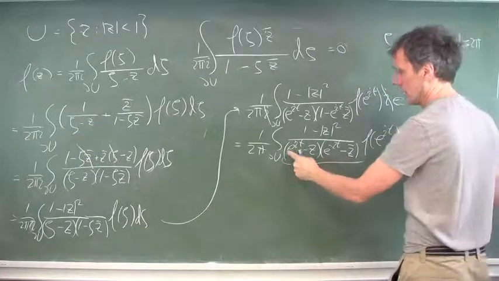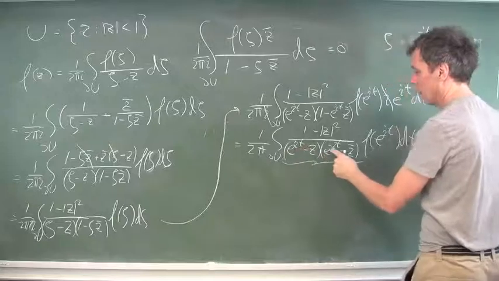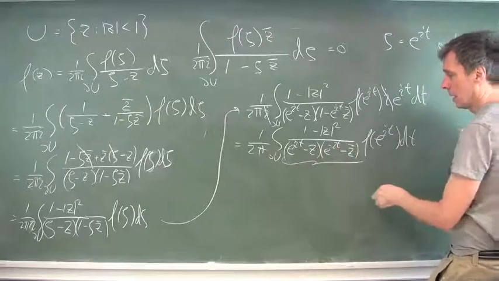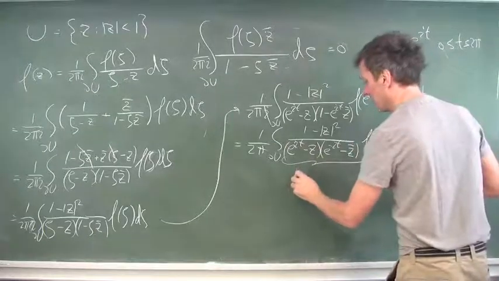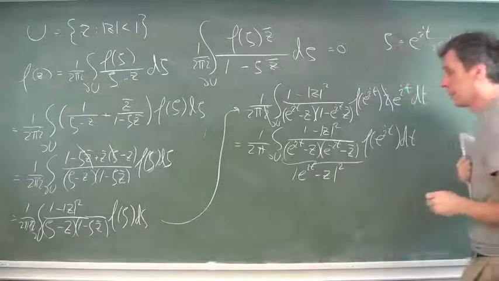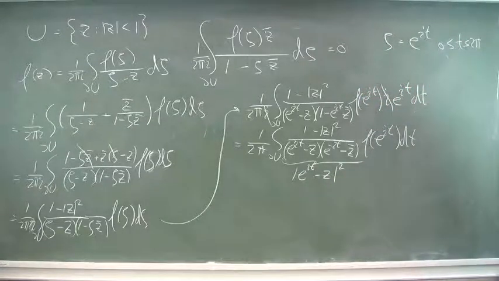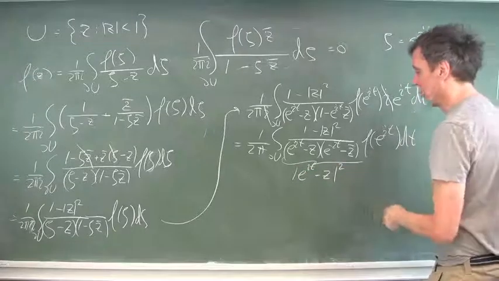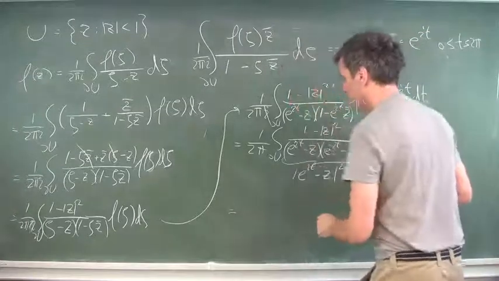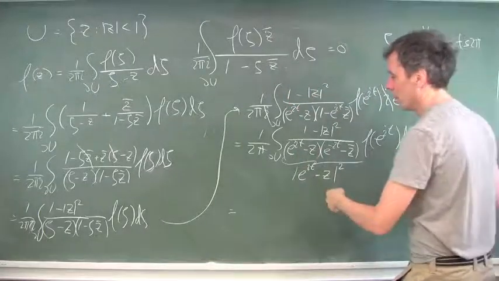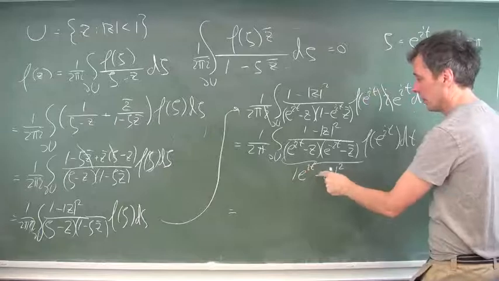The conjugate of e to the i t is e to the minus i t, and the conjugate of z minus... so this is actually equal to the absolute value of e to the i t minus z, squared. Of course, this way of writing it is perhaps not the nicest form either. Once you've left the complex notation, you can do away with this also.